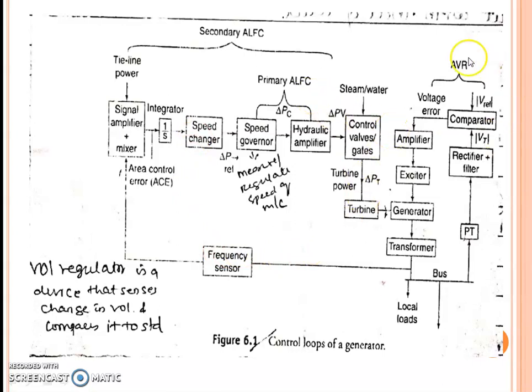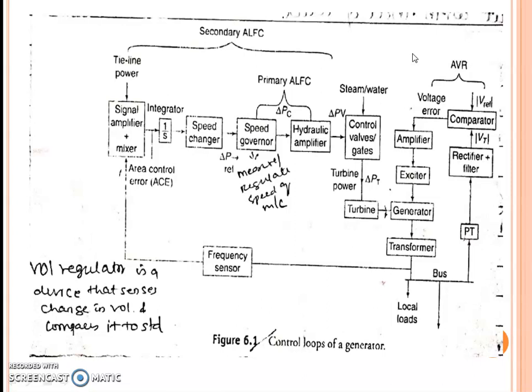In the second part, the AVR is basically used to control the terminal voltage of the generator. In the generator control loop, the terminal voltage is controlled by the field current, which is supplied by the exciter.